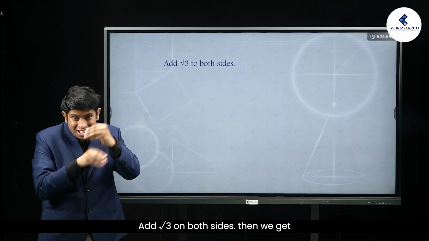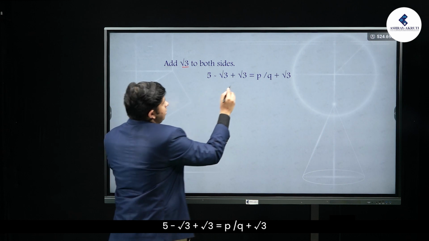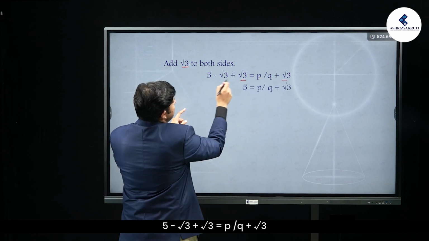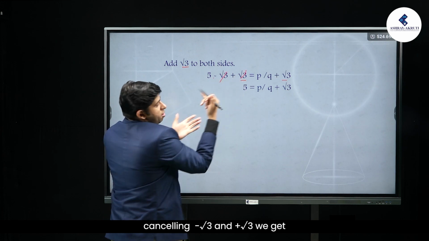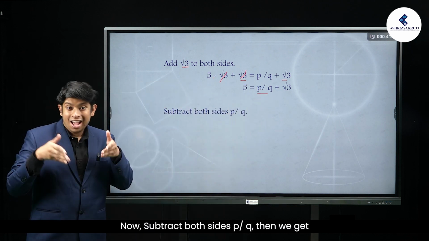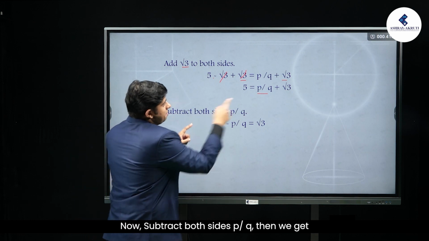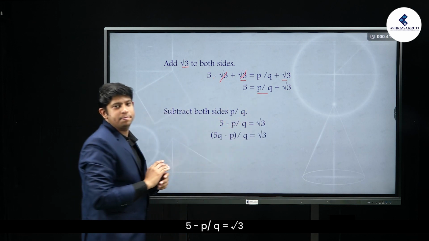Add root 3 on both sides. Then we get 5 minus root 3 plus root 3 is equal to p by q plus root 3. Cancelling minus root 3 and plus root 3, we get 5 is equal to p by q plus root 3. Now subtract p by q from both sides. Then we get 5 minus p by q is equal to root 3.